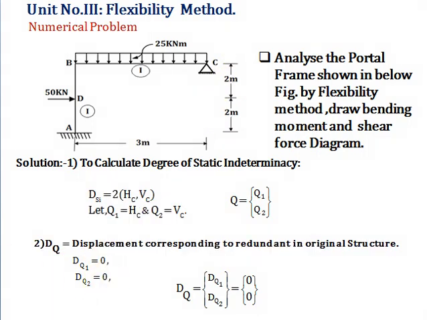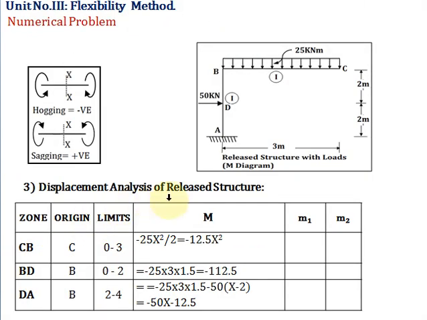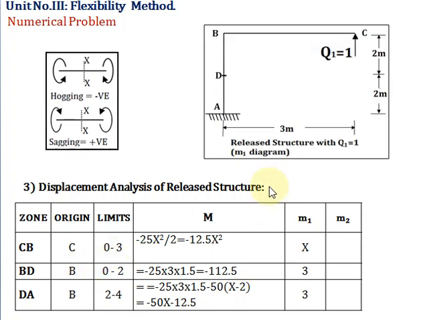Then we did the displacement analysis in the released structure with load, and we found the values of the bending moment in the released structure with the load for different zones, and these were the values. Then we did the analysis for the released structure with Q1 equal to 1.